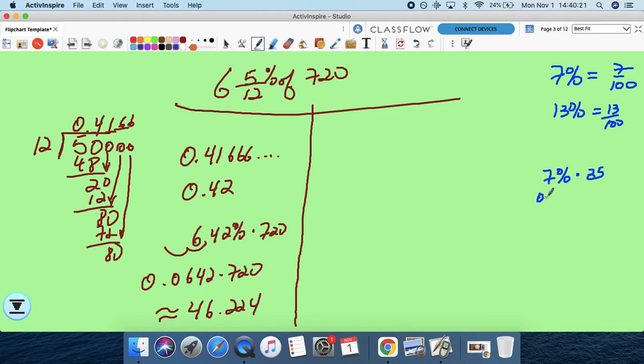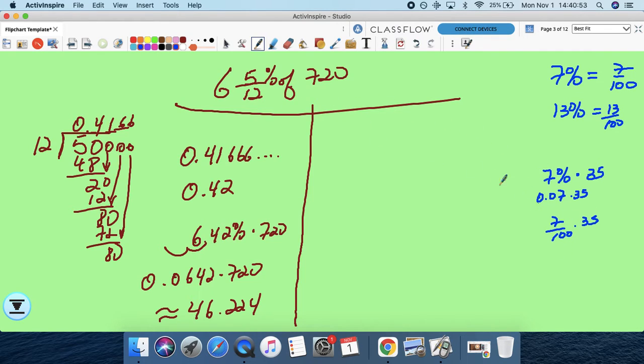You can do it like this, 0.07 times 35, or you can take 7 over 100 and multiply it by 35. So you've got choices. Usually I change it to a decimal, just habit, but sometimes a fraction is really the way to go: change the percent to a fraction format.